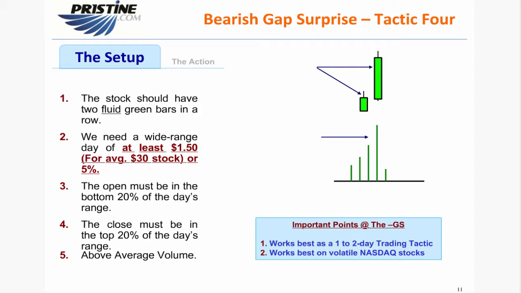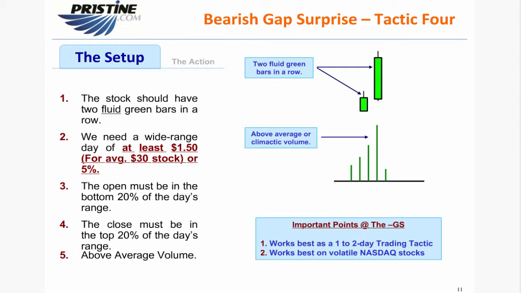The bearish counterpart is none other than the bearish gap surprise. So why is it a surprise, right? Why are we calling it a surprise in the first place? Because you've got at least 2 fluid days up, the most recent day being a bullish 2020 candle, indicating that the majority of traders have now committed to the long side.